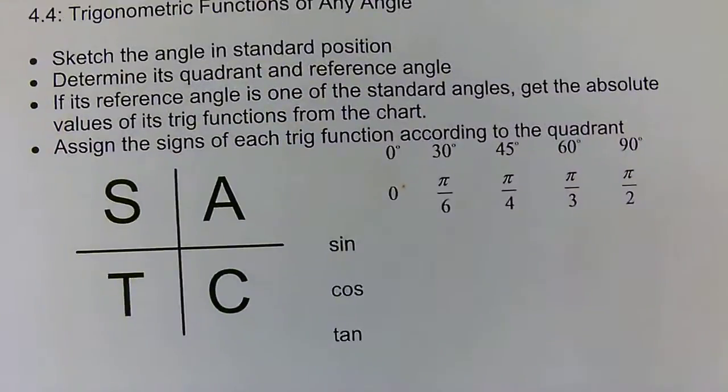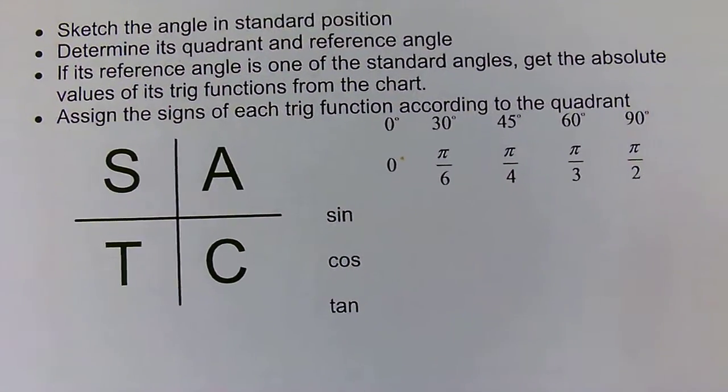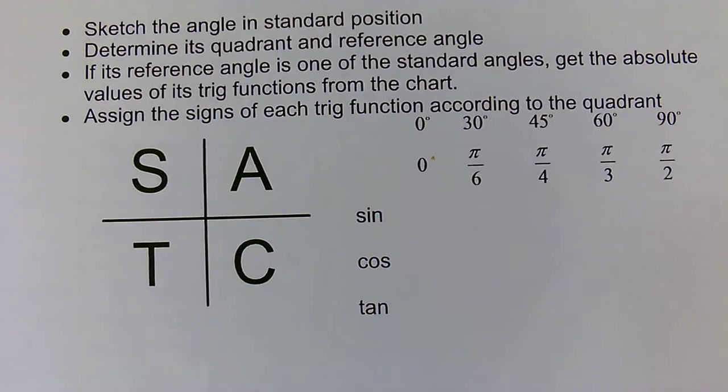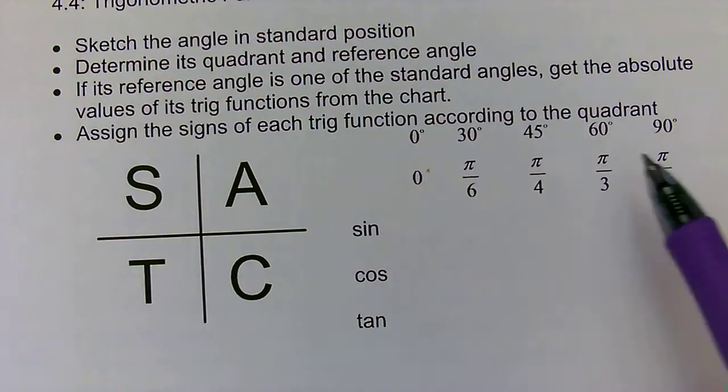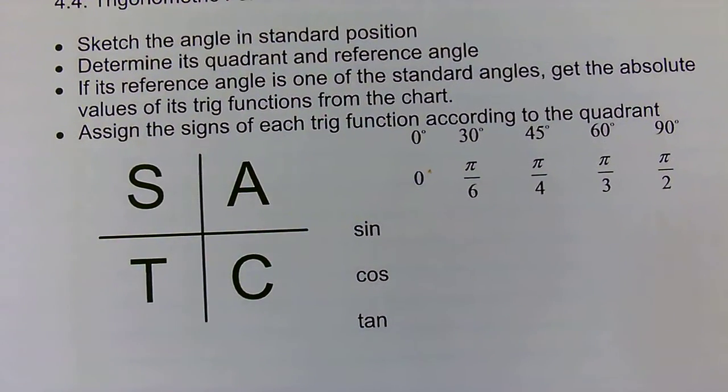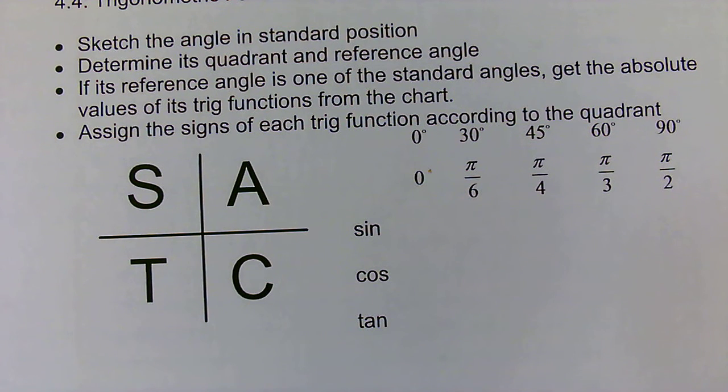So moving on from that background, when we want to find the value of the trig function of an angle, the general process is to first sketch the angle in standard position, because you need to know in which quadrant its terminal ray lies.